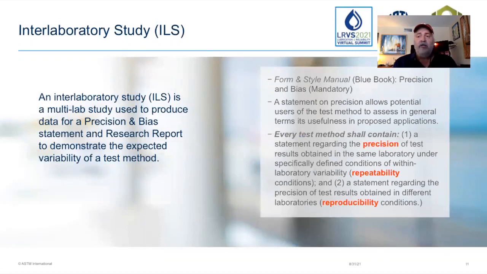So in terms of reproducibility and repeatability, it's nice to have numbers that say the data has this type of precision, but how is that documented? How is that accomplished? There's something called an interlaboratory study that ASTM does. So each of the test methods that produce a measurement would have a research report behind it.